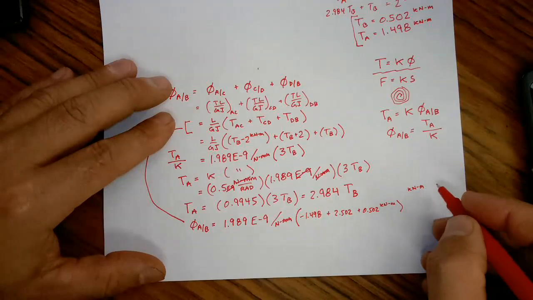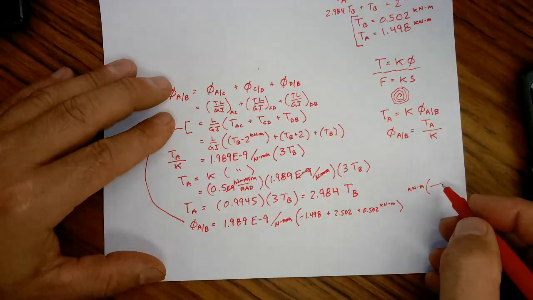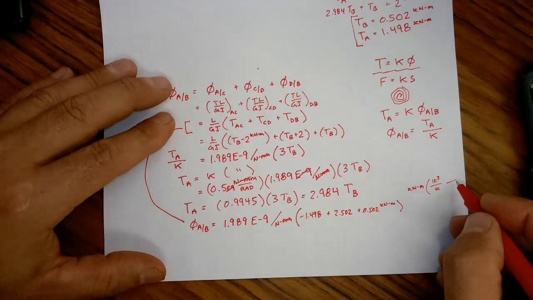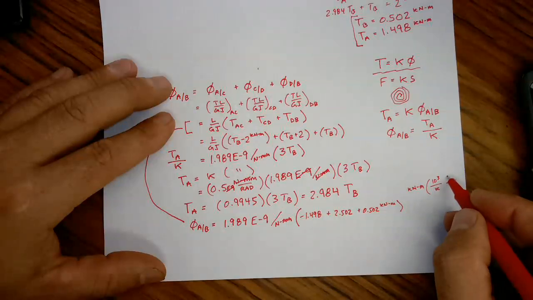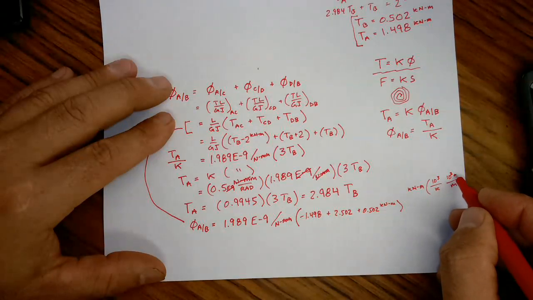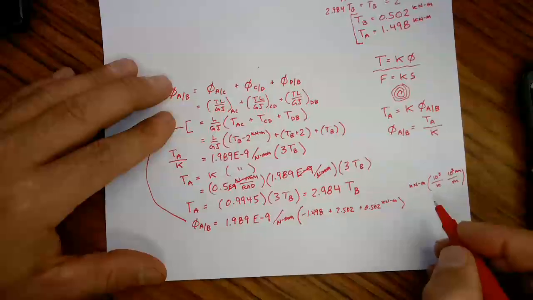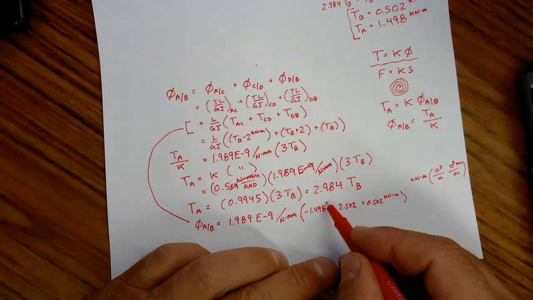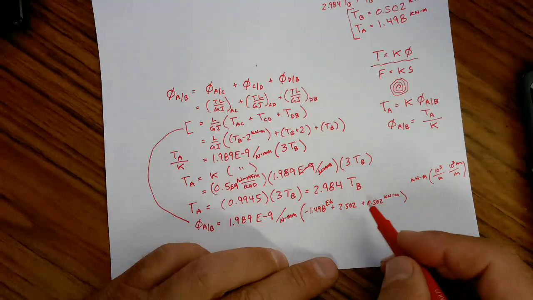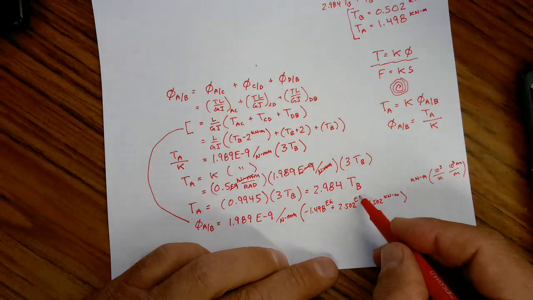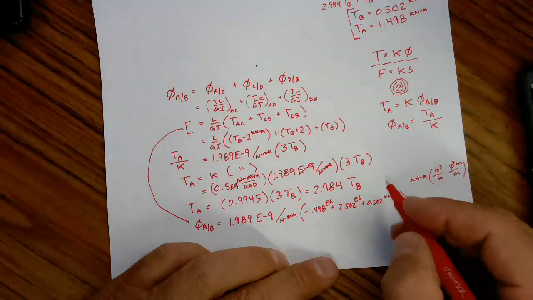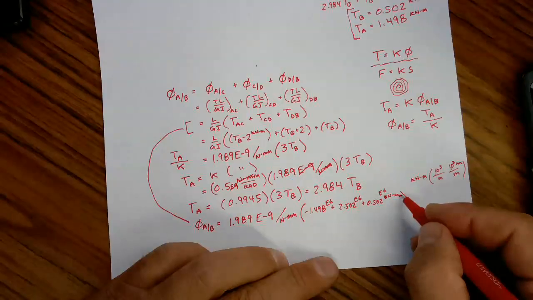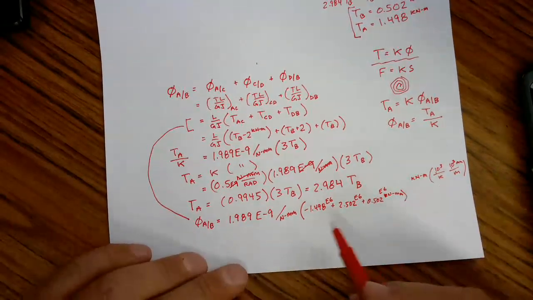Kilonewton meters: get rid of the K, 10 to the third. Get rid of the meters, go to millimeters, 10 to the third millimeters. So I think what we'll do is say this is E6, and this is now Newton millimeters.